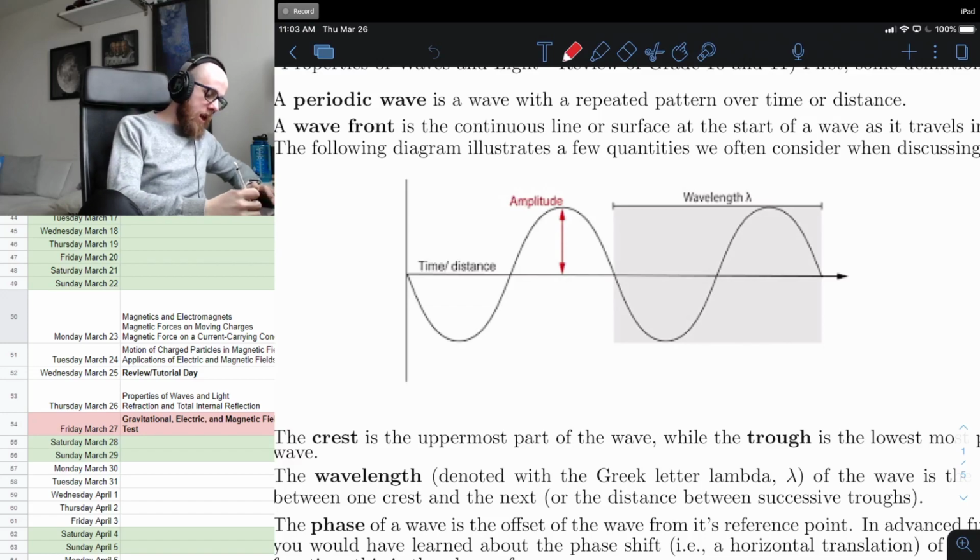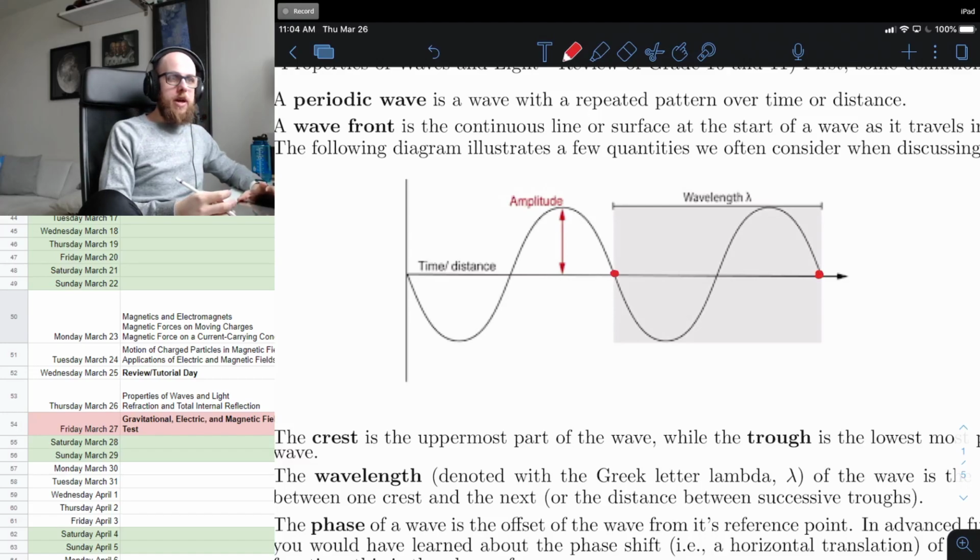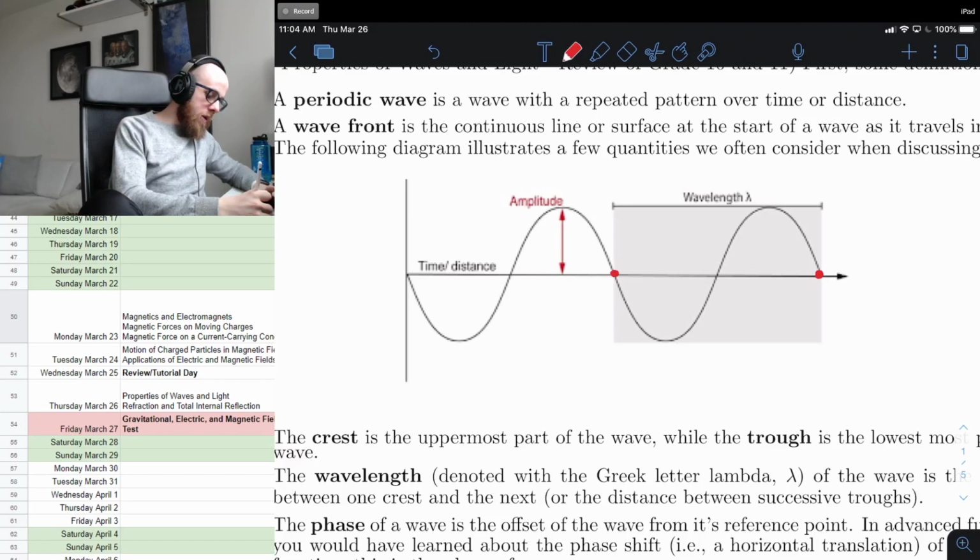The way I usually think about it, here they have the wavelength indicated between where the wave passes through its equilibrium position. You could also measure the wavelength from the crest of the wave to the next crest, so this distance here would also be the wavelength.